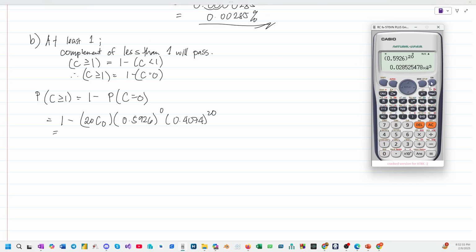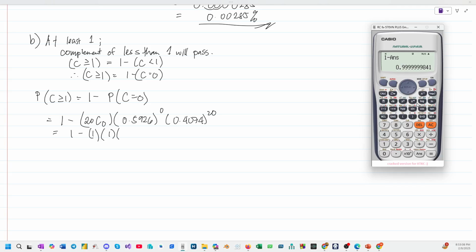So, 20 combination of 0 equals to 1 ulit to. 1 times, so raised to 0, 1 din to. So I have 0.4074 raised to 20. So malaki siya. Yun natin, 1 minus answer na lang.